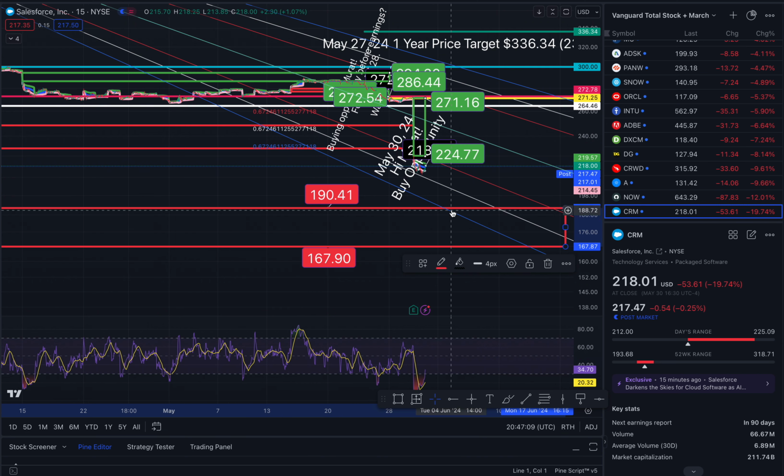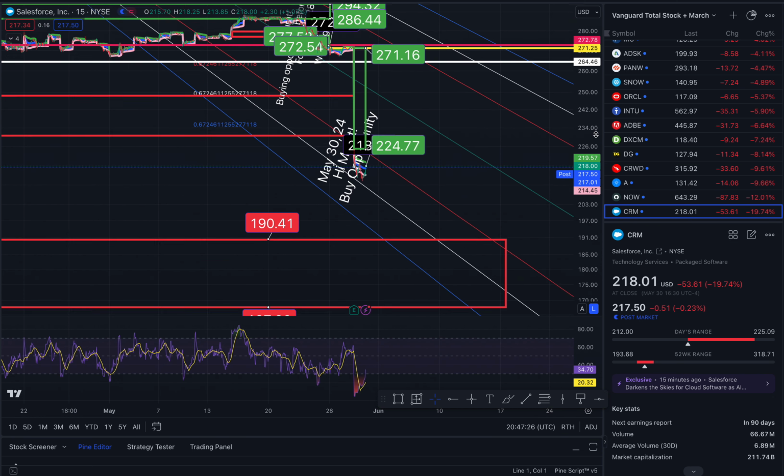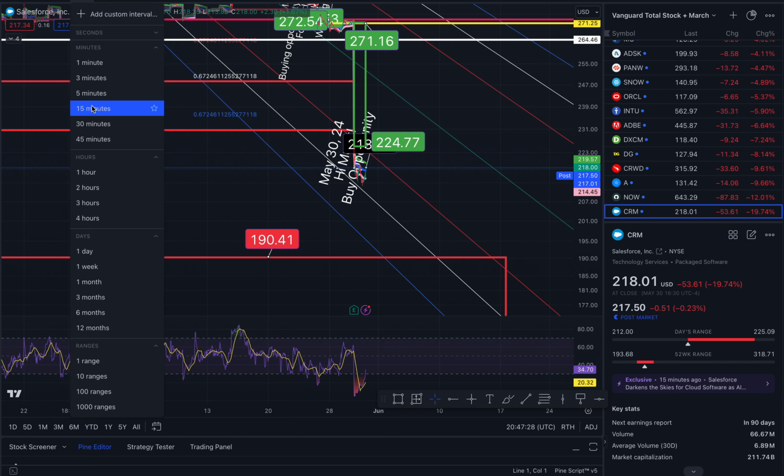But we could kiss this, and this will act as support as well, and then boom, also go up. Your probability gets better right here if we hit this line, this blue line, and this line for a winning trade to bounce up. Okay, that is the 15-minute.